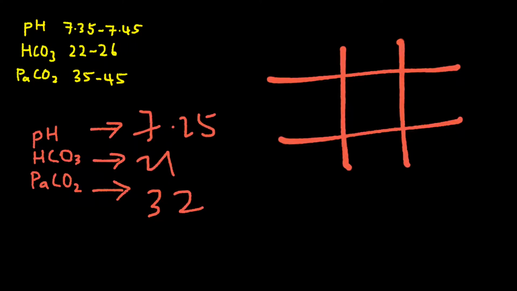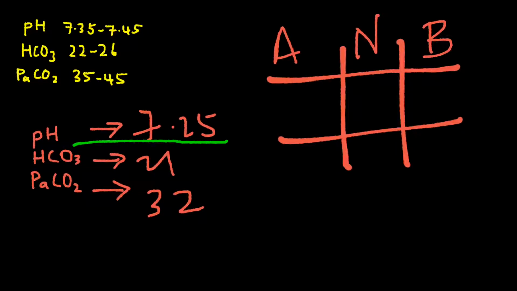So in this grid, we have to label it as acid, normal, and basic. The pH value of 7.25 is considered acidic, so I will put pH under the acid column.